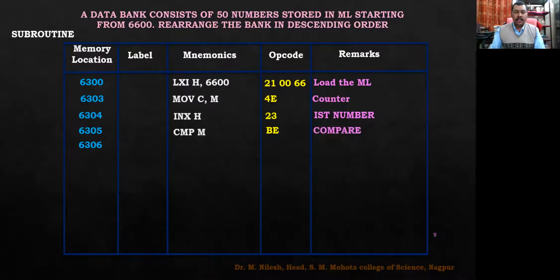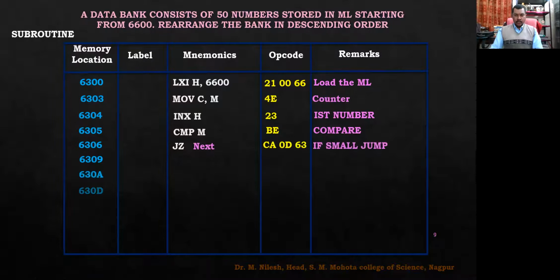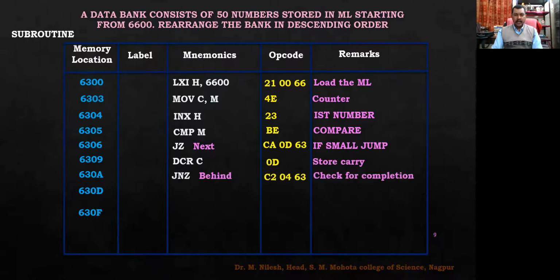We'll check with the accumulator, if no jump, if 0 to the next. If it is small then jump, then decrement count, and if it is not 0 then jump behind. So behind will be again at this INX H, right? So yeah, behind is there.